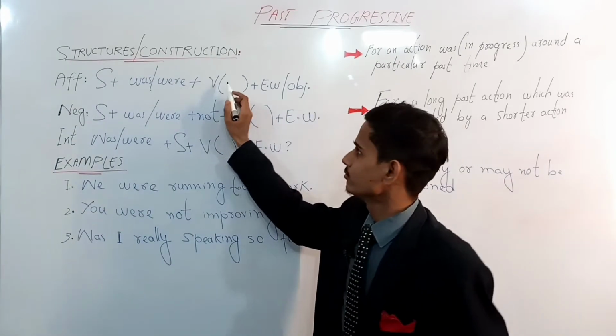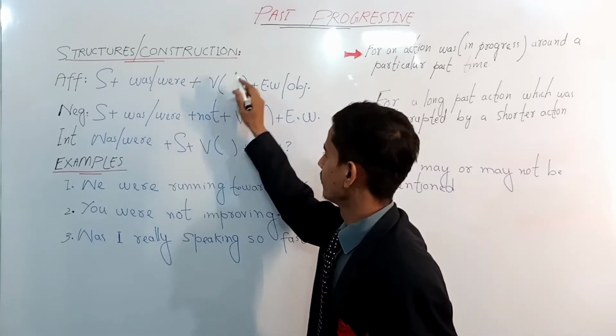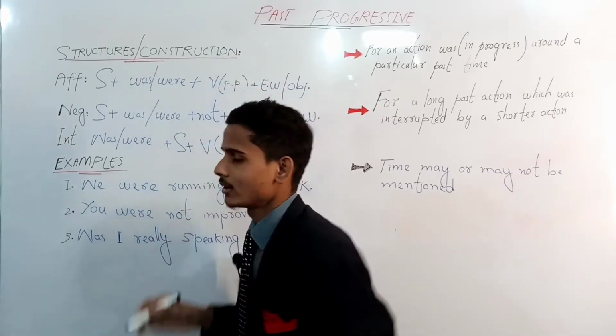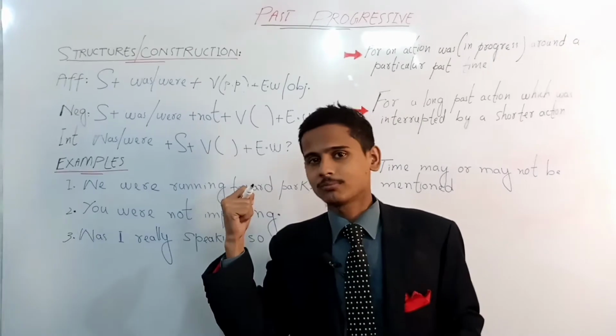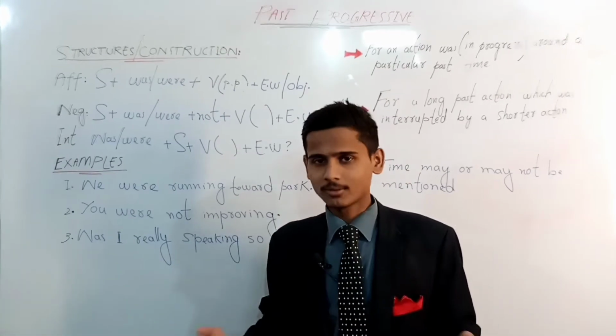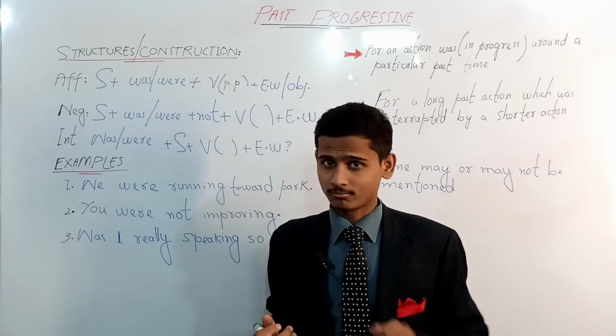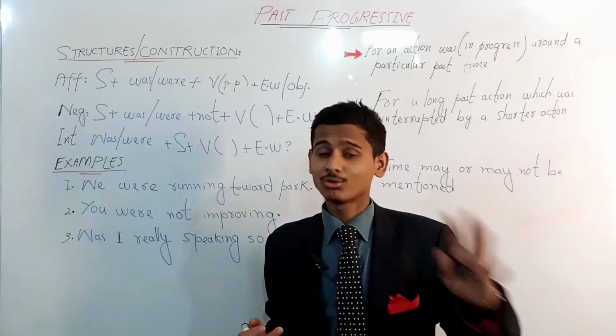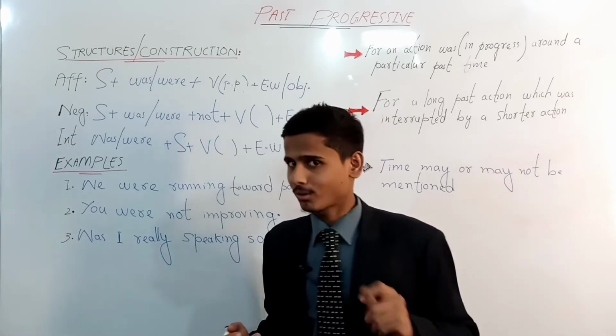Then, as I mentioned in my last part, you use the present participle form of the main verb, or fourth form. Don't just add ing to the first form spelling, which could be wrong as well.